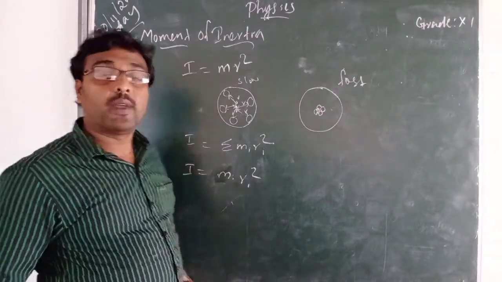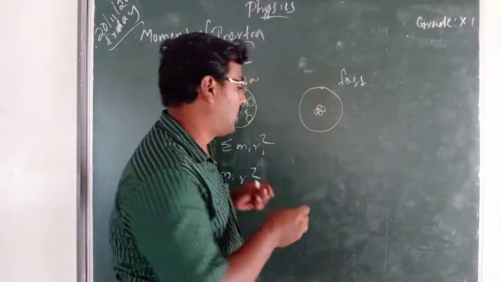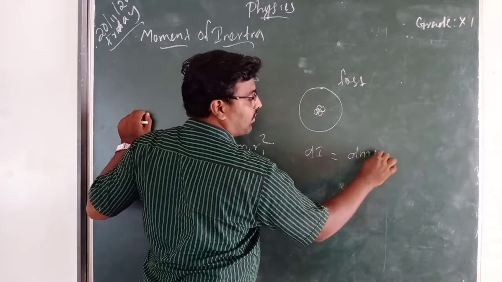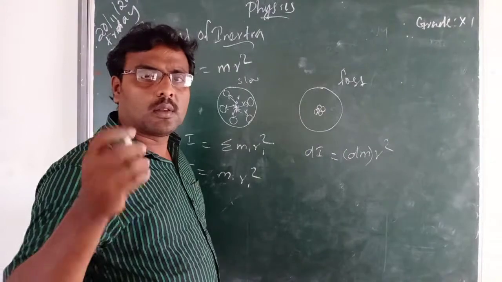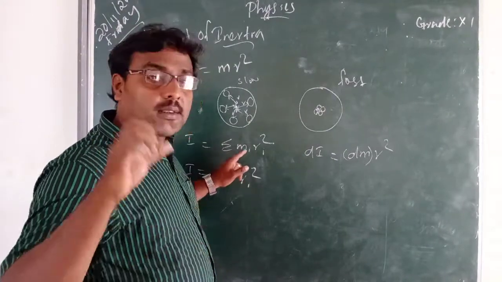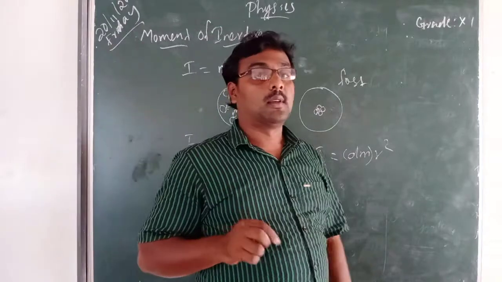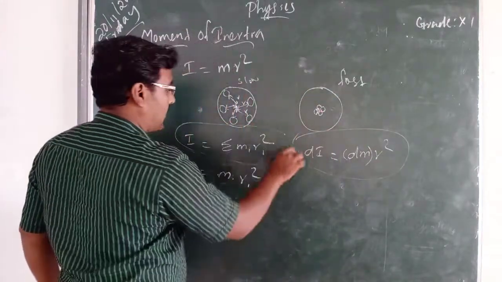And for an infinitesimal, very small object, we use dI is equal to dm r square. Here dm means small mass, m means mass, and r means distance everywhere. This is the moment of inertia formula.